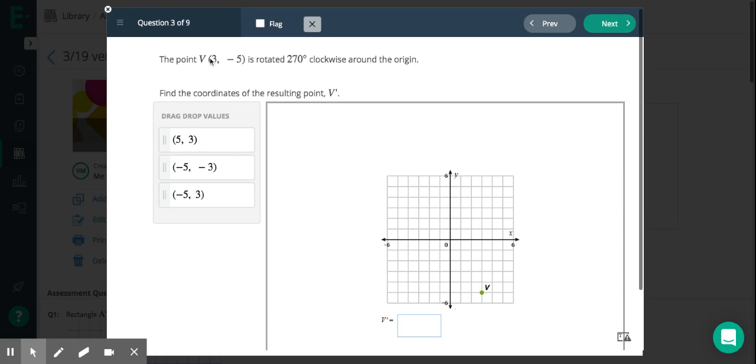So the 5 and the 3 are going to switch places, and the Y value becomes the inverse. Right now our Y is negative, so the inverse would be positive. So this is the one that I would end up with.